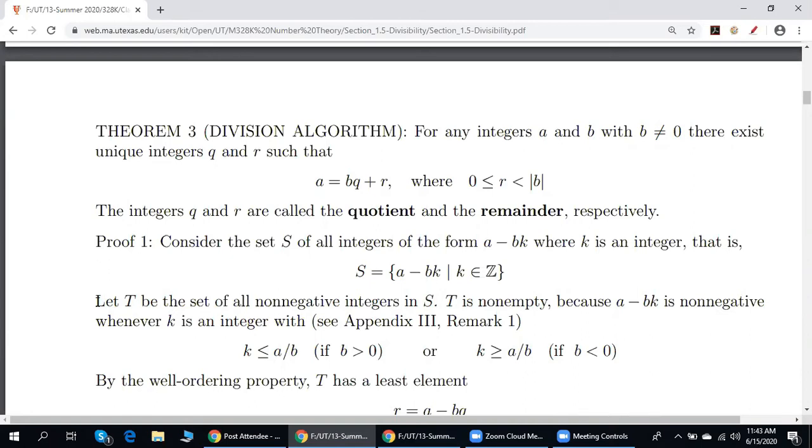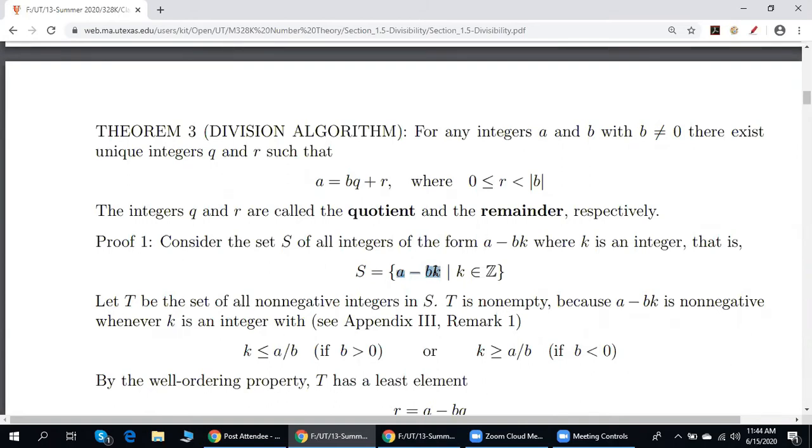Yes, absolutely. And we proved that T is non-empty using the following approach. We just showed that no matter what A and B are, it is always possible to find an integer K such that this is indeed non-negative.